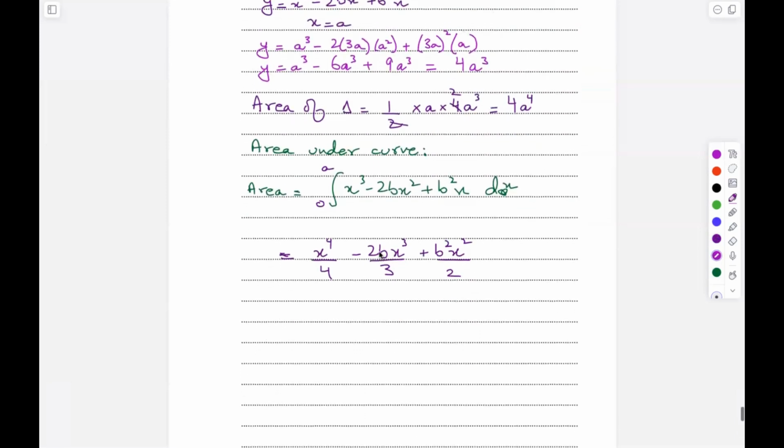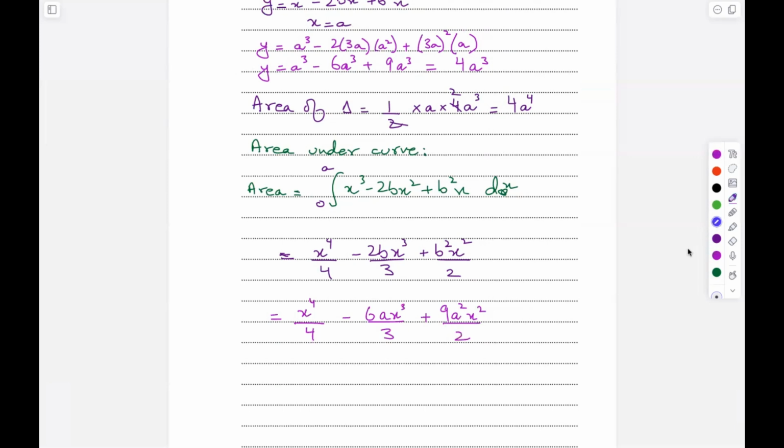Now we can substitute in place of b. We know that b equals 3a. So we write x to the power 4 upon 4 minus 6a x cubed upon 3, plus 9a squared x squared upon 2.